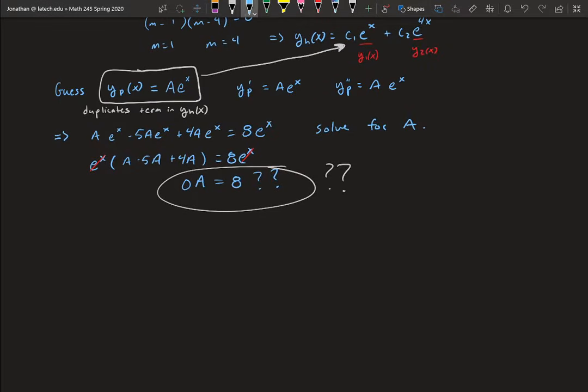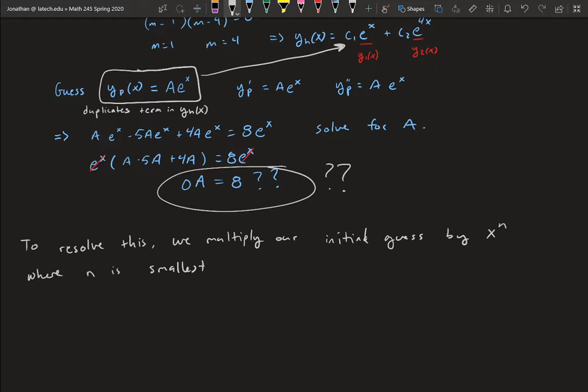The way to resolve this is we multiply our initial guess by x to the n, where n is the smallest power that eliminates the duplication.